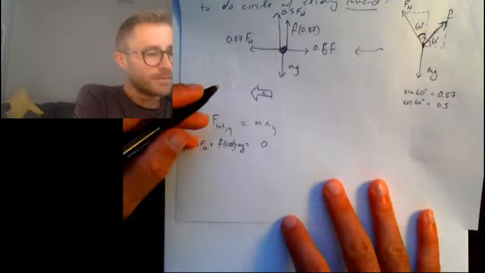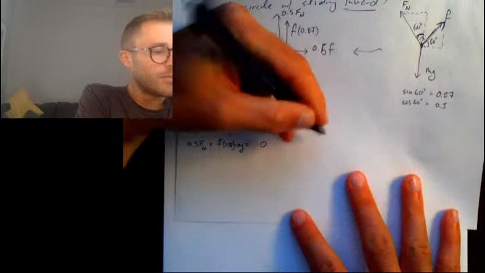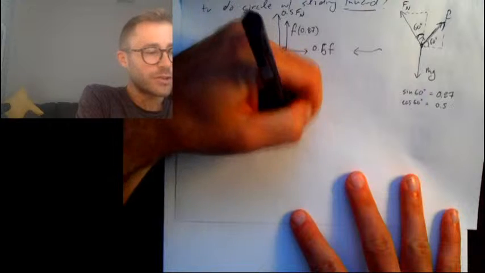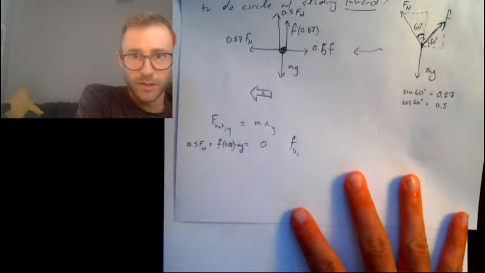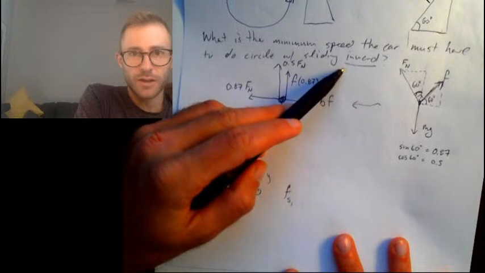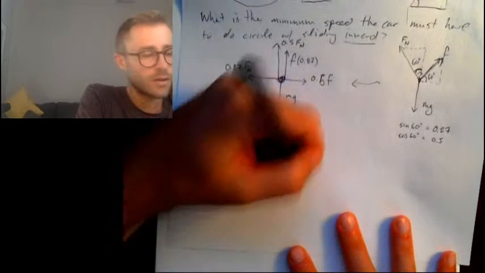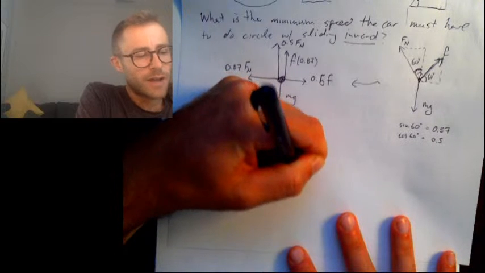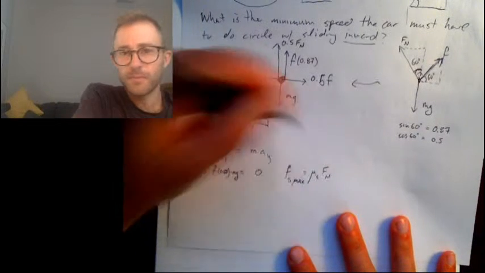Now remember that this is static friction, and static friction is going to be maxed out, because if you go any slower, it's going to slide inward. So friction is working as hard as it can to keep the car going. The maximum static friction is mu sub s times normal force.